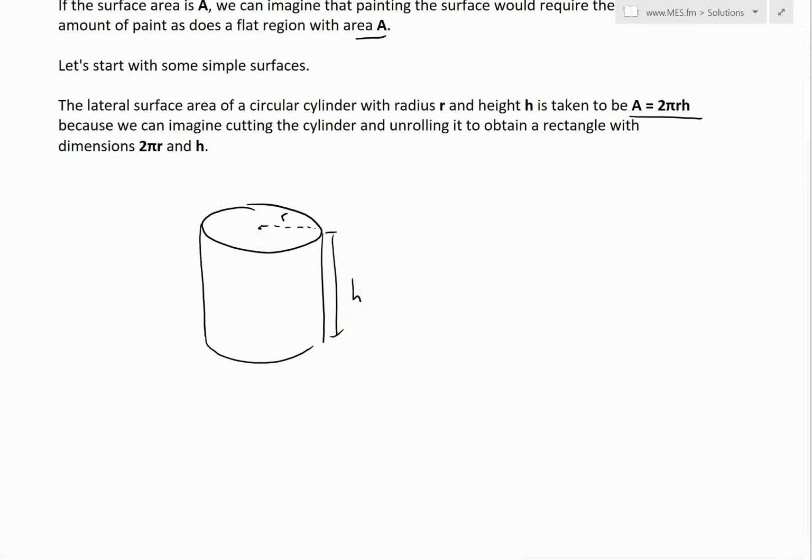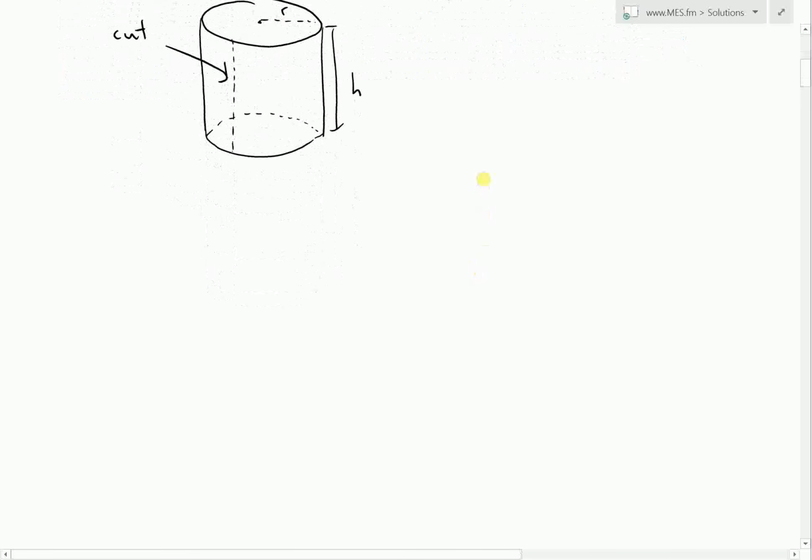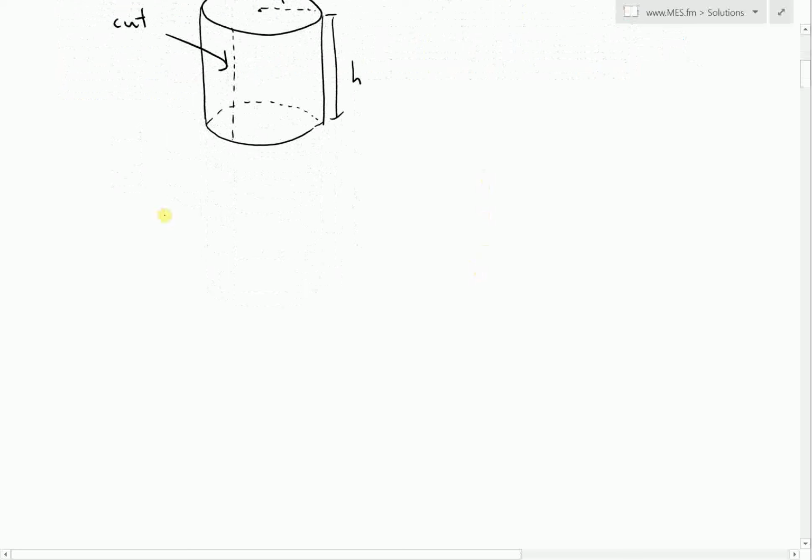If we were to cut it across like this, let's just make a cut here, and then unravel it, we get something like this, and we just get a rectangle. I'll just draw this better.